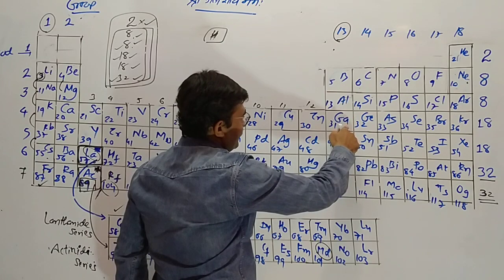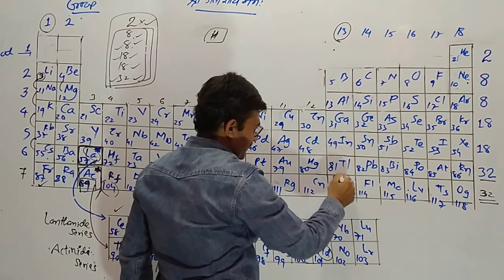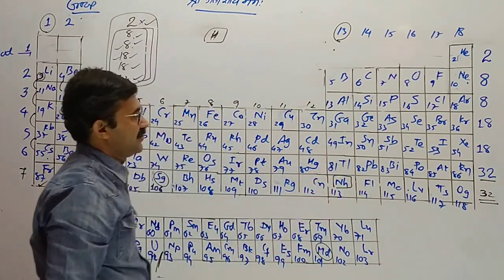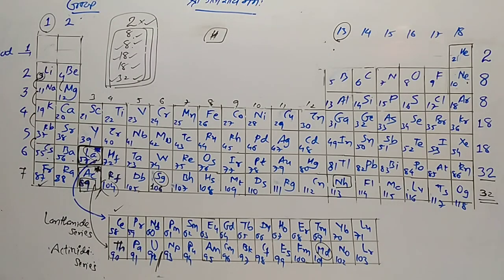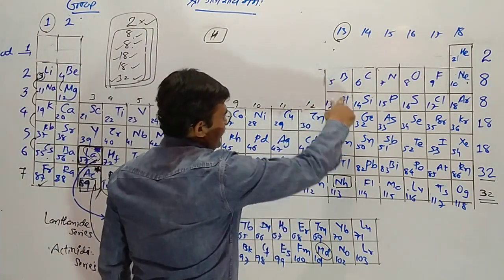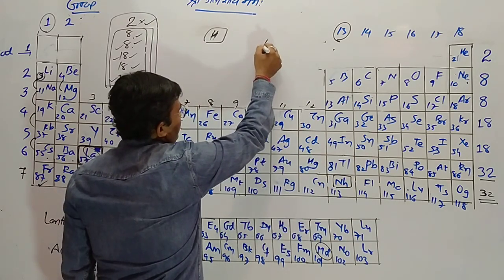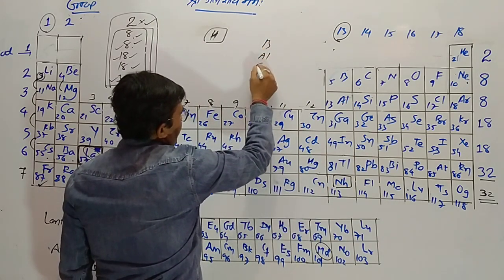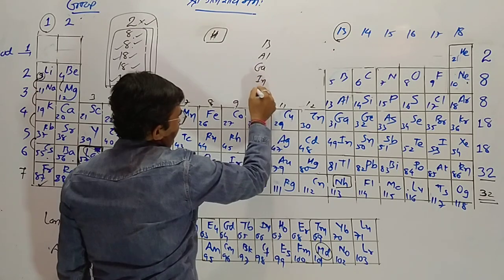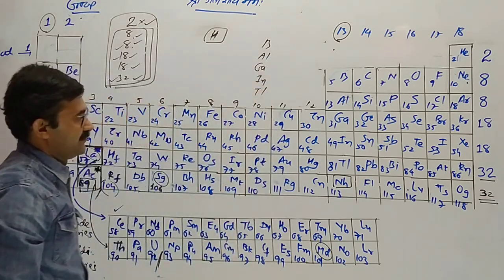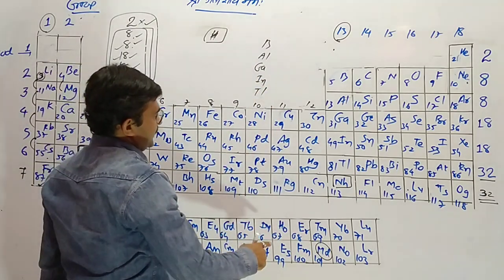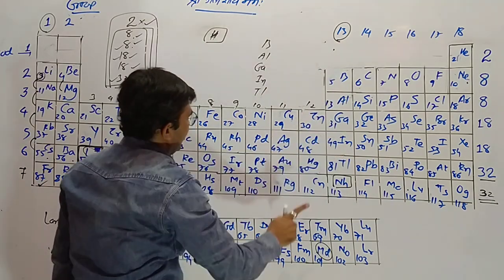Boron, aluminium, gallium, indium, thallium. Nihonium is not a natural element, it is artificial, man-made. So your natural elements are 5: boron, aluminium, gallium, indium and thallium. Understood? Here natural elements are 5.